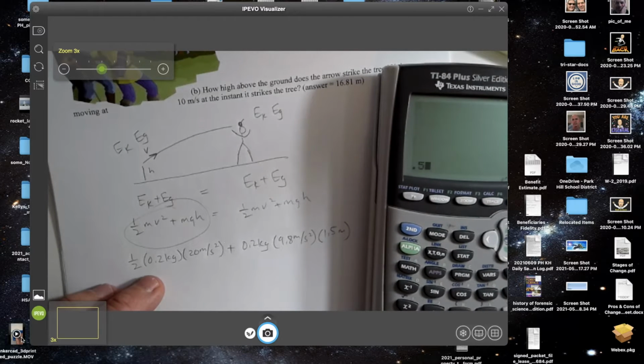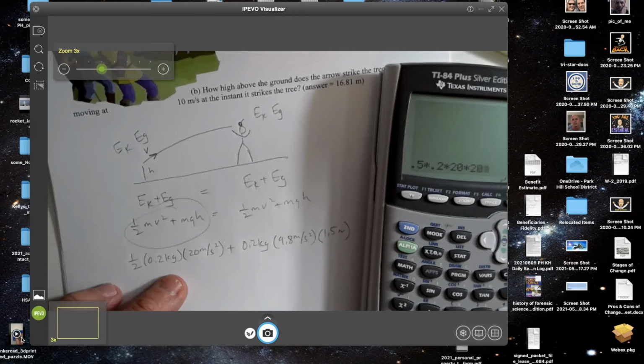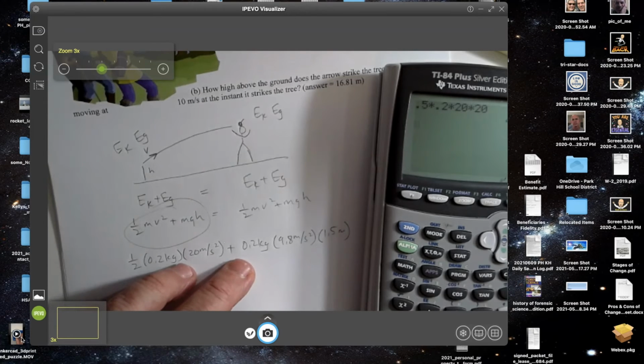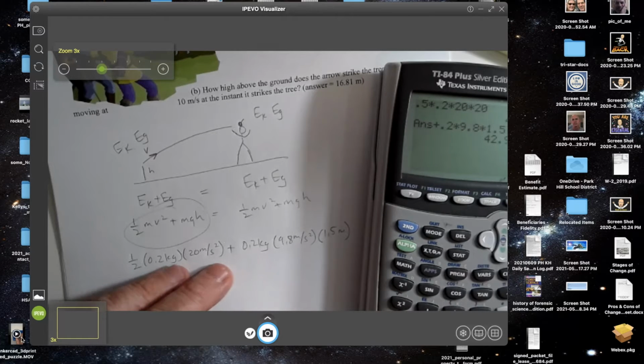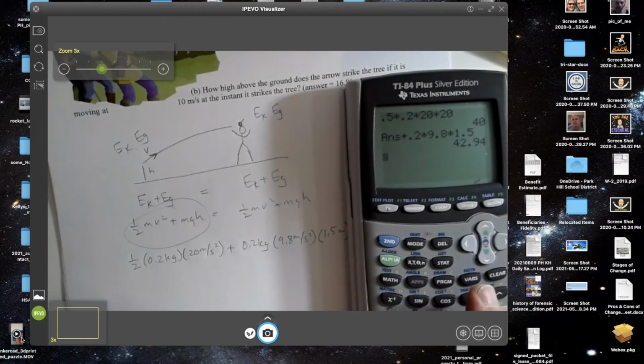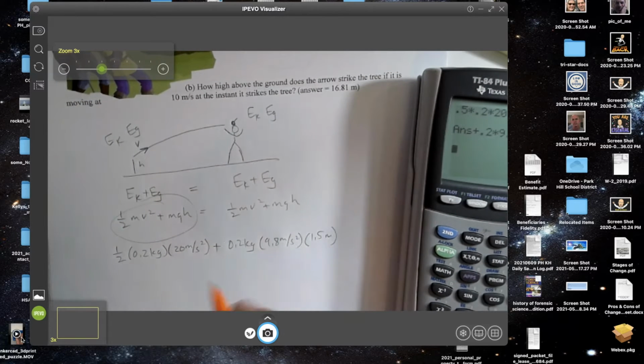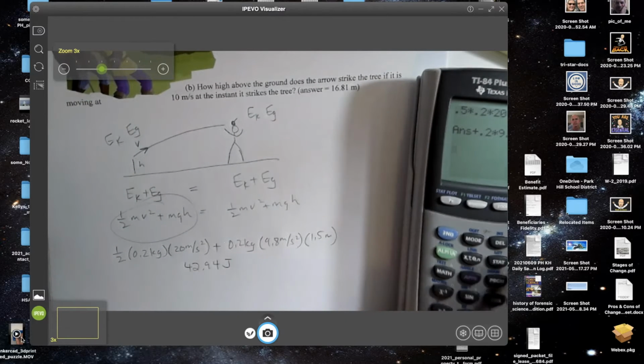So 0.5 times 0.2 times 20 times 20. Okay, so that's 40. And then we'll add that to 0.2 times 9.8 times 1.5. So 42.94 then represents the total mechanical energy when it leaves the bow.